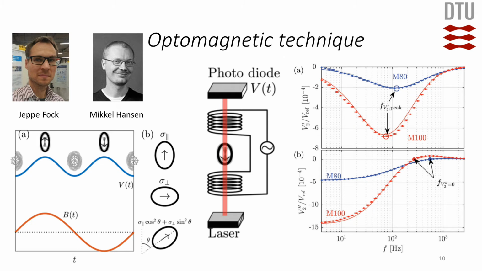The technique requires basically just a laser or LED, two coils to create a selective magnetic field, and a photodetector to detect voltage or light intensity passed through the suspension of magnetic nanoparticles. Then, through a Fourier transformation, we get the plots on the right side. I will speak in more detail on the next slide about how we get them.